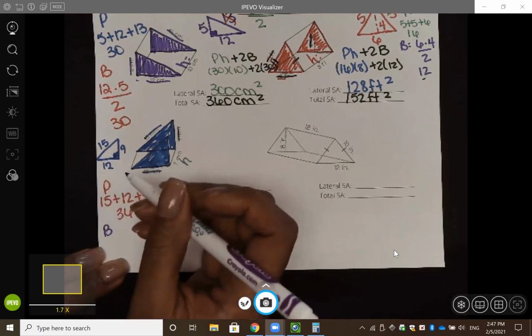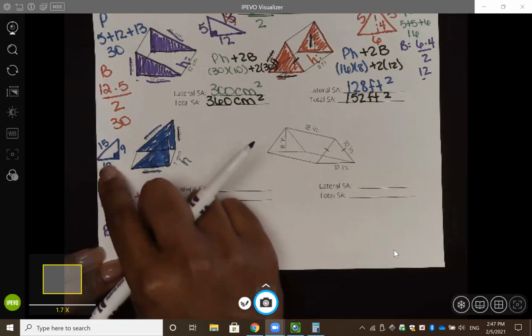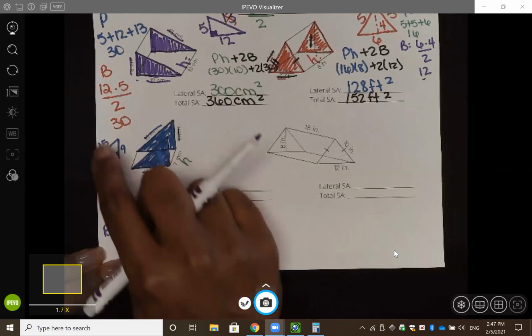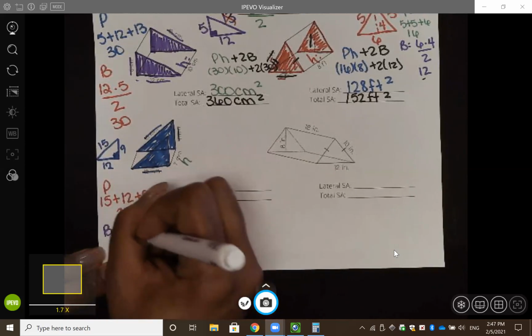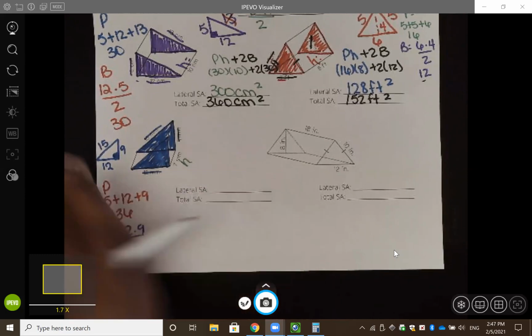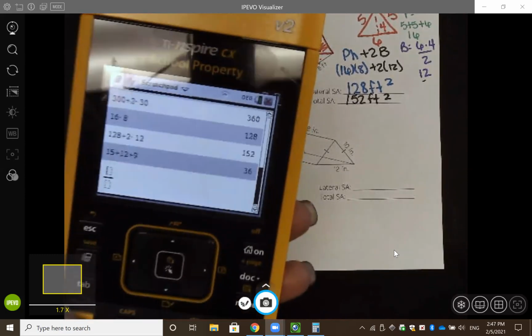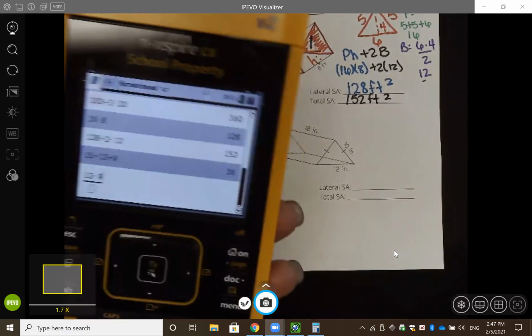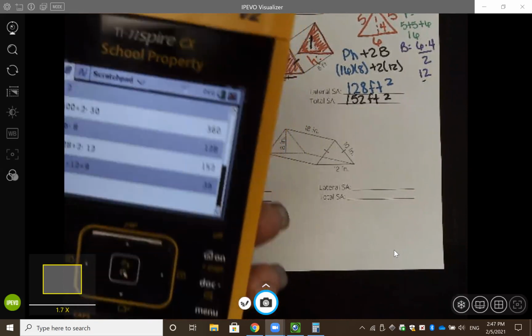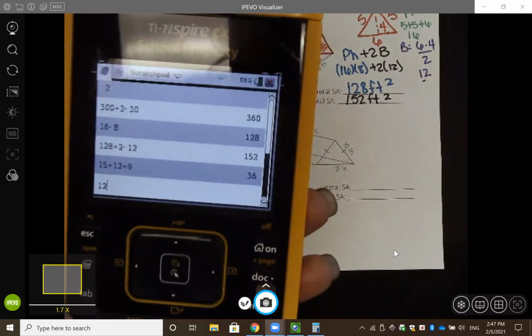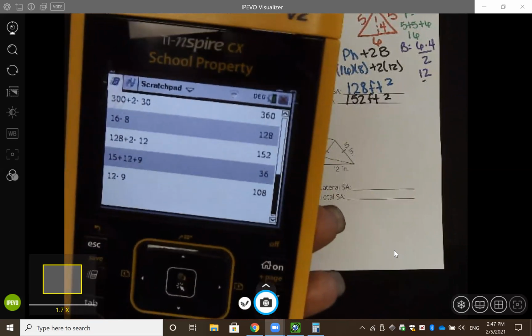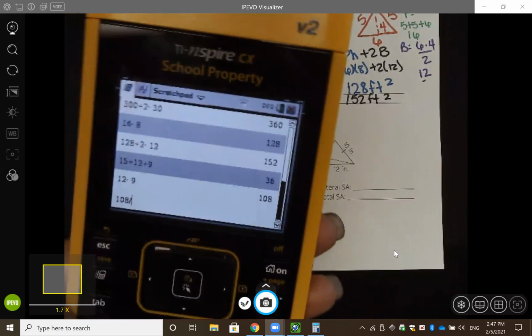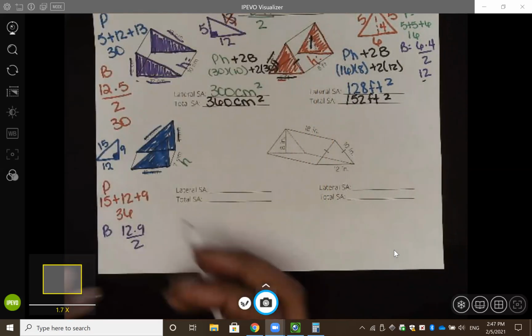And remember, I multiply my 2 legs. These are my legs. This is my hypotenuse. So 12 times 9 and then divided by 2. 12 times 9. And I want to show you because the majority of you don't have this calculator at home. So 12 times 9 and then take that 108 and divide it by 2 and you get 54.